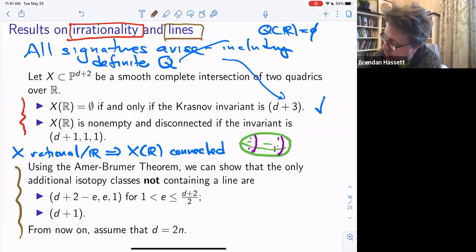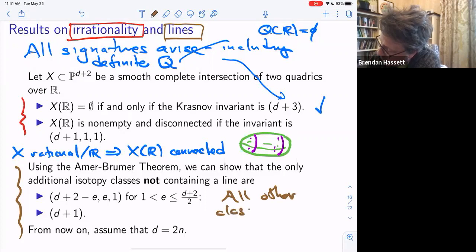So let me just emphasize here, all the other classes are rational from the existence of a line.